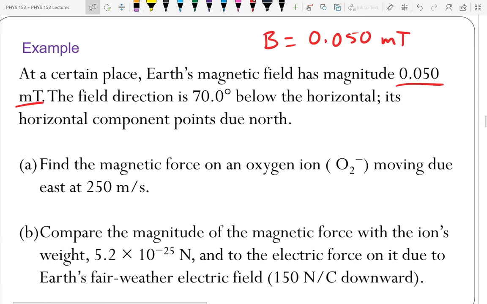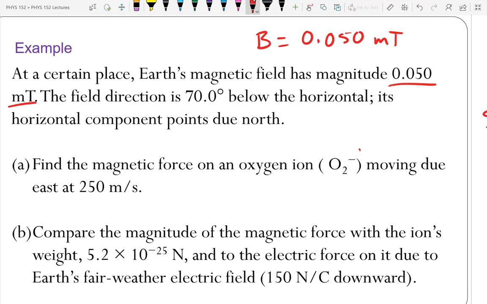Find the magnetic force on an oxygen ion. What's the charge of the oxygen ion? It's negative 1 electron charge. Moving due east at V equals 250 meters per second.